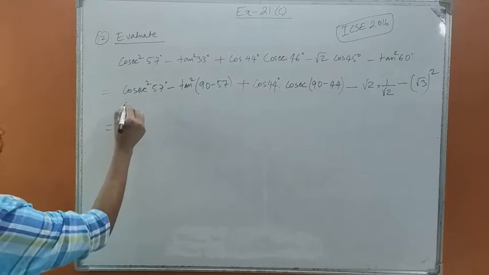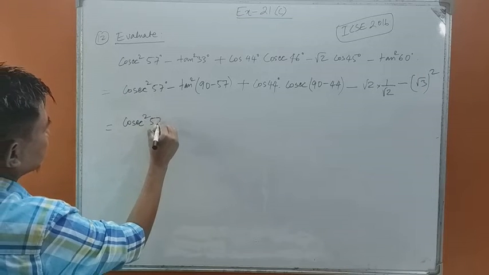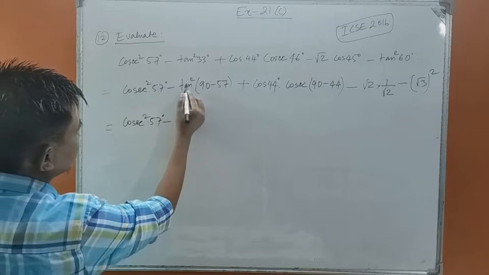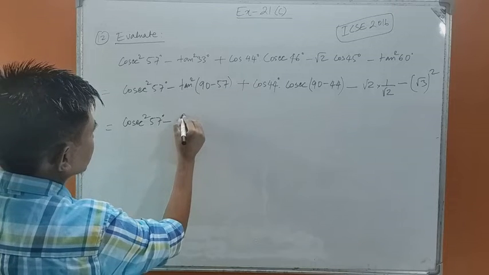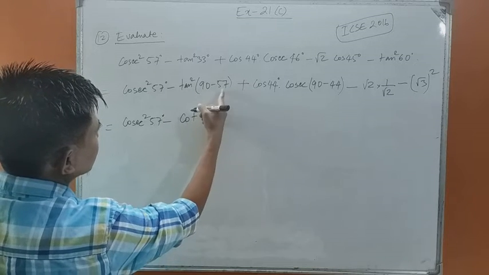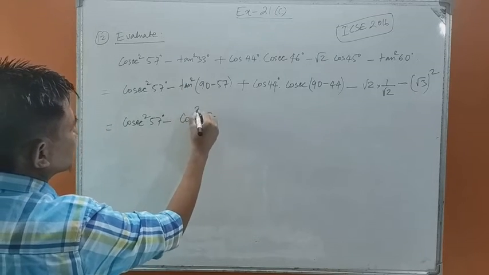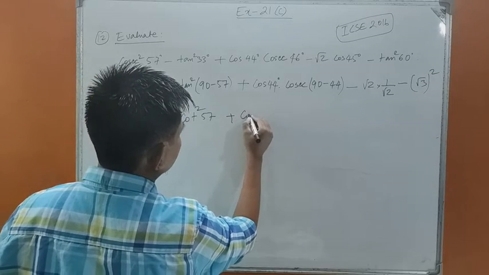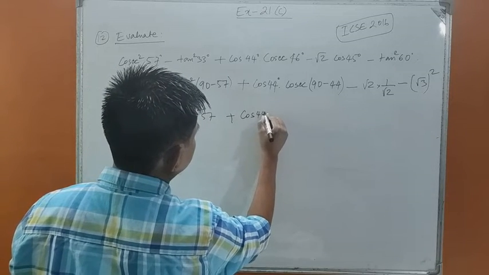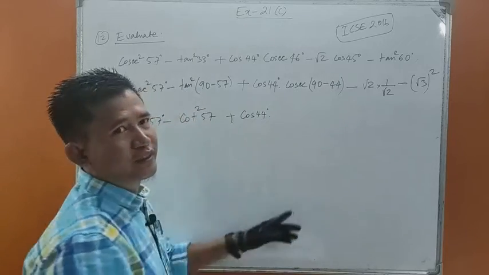So cosec square 57 degree minus tan 90 minus theta. Tan 90 minus theta is cot theta, isn't it? So cot 57. Here we have a square, so we must put a square here, plus cos 44 degree into cosec 90 minus theta.